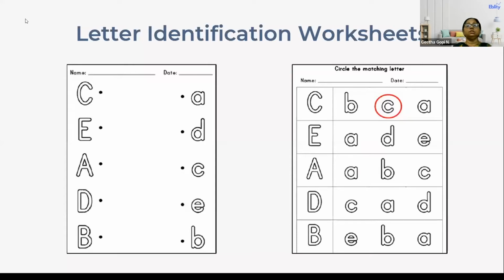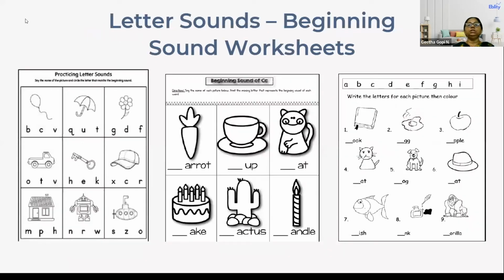And I'm sure as educators, many of you have already been exposed to a lot of these letter identification kinds of worksheets. There can also be letter sound association worksheets as well. Again, when we are talking about phonics, it is associating the letter to the sound. And this is where building up vocabulary and all these things go hand in hand. So using pictures helps.